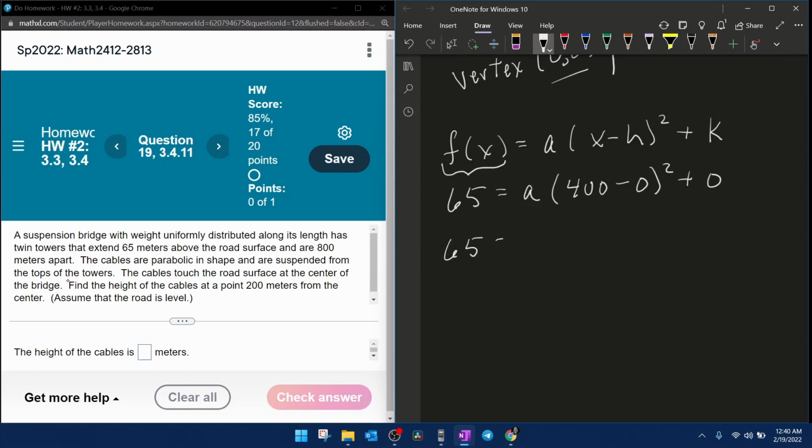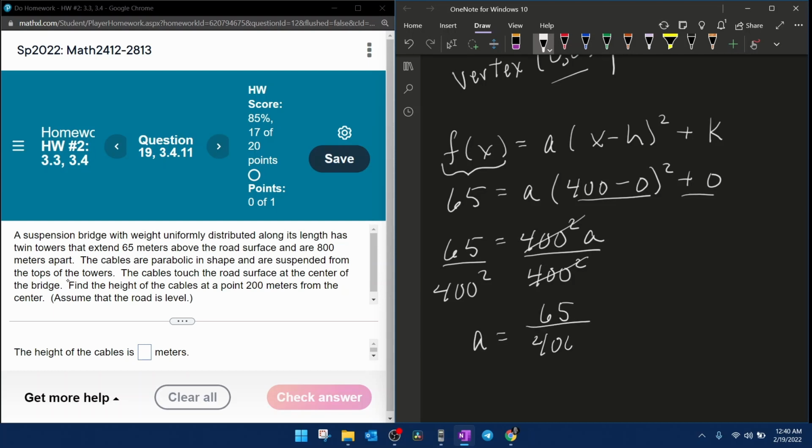So that's going to give me 65 equals 400 minus 0, which is 400 squared, which I can actually write as the coefficient of A, plus 0 means there's nothing else there. If I divide both sides by 400 squared, that will eliminate the coefficient of A, giving me the value of A. And I'm going to leave this as 65 over 400 squared to make it a little bit easier to work with.